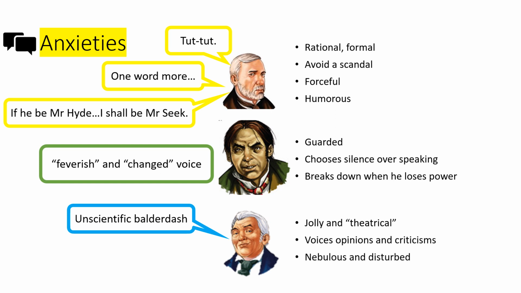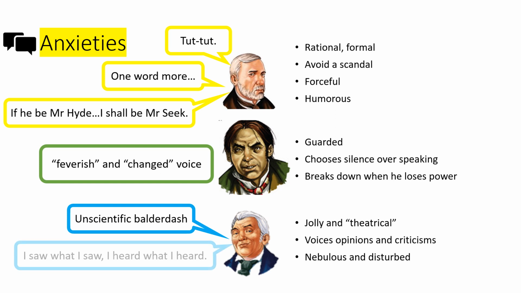Later on, Lanyon's language becomes vague and also disturbed. That's what that word nebulous means. Nebulous, another word for vague. "I saw what I saw, I heard what I heard." He resorts to cliches rather than clarity in his dialogue. He's so disturbed by what he's seen that he refuses to write it down as well.